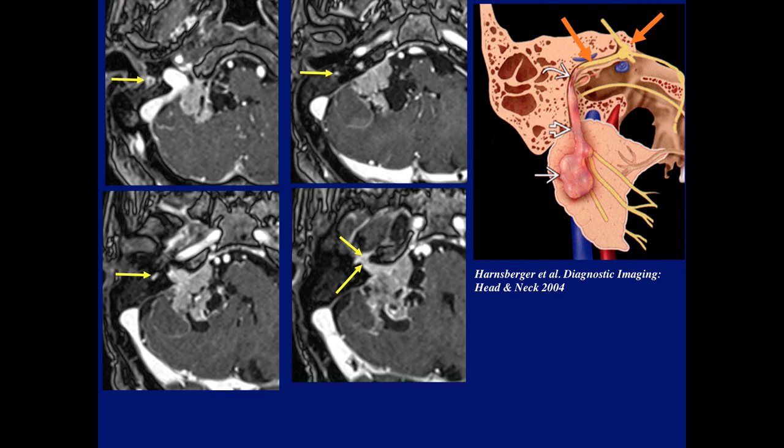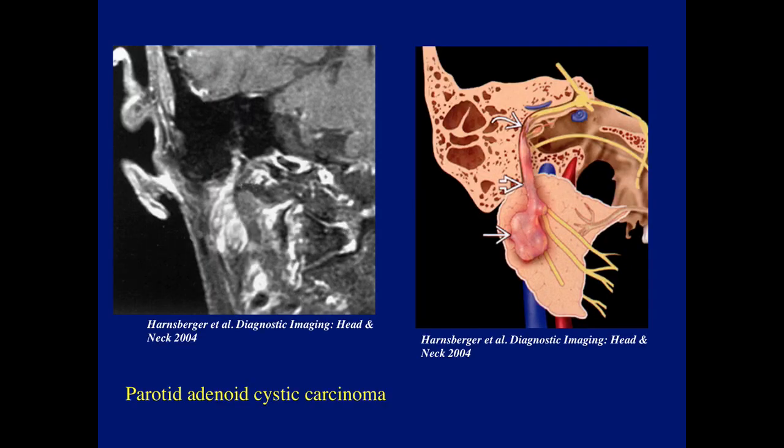And that's what's characteristic for perineural spread, that there may be a several year separation between the original tumor and eventual perineural spread. And here are some other examples from the literature. Here's a parotid adenoid cystic carcinoma involving this region, and notice the enhancement of the mastoid segment.